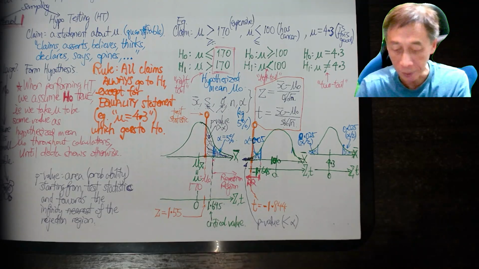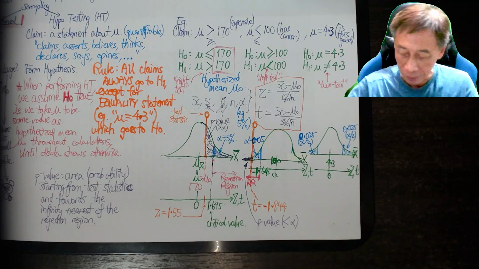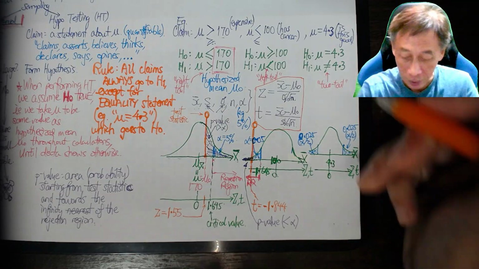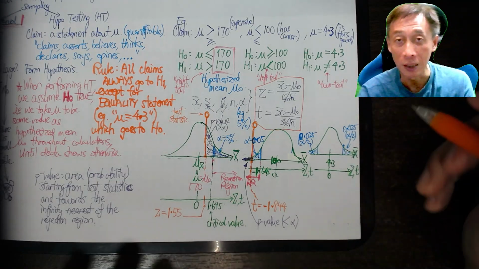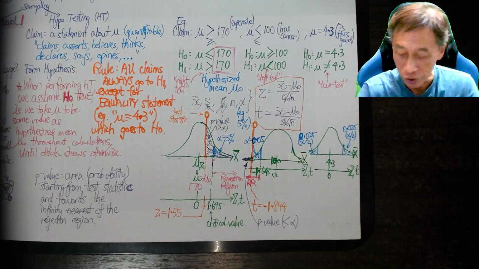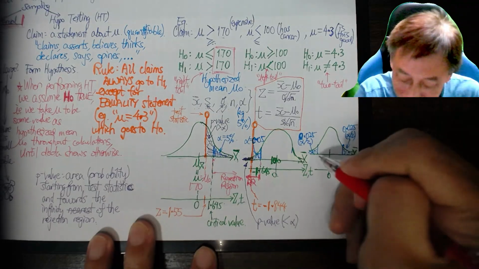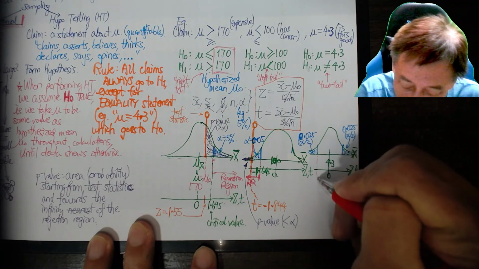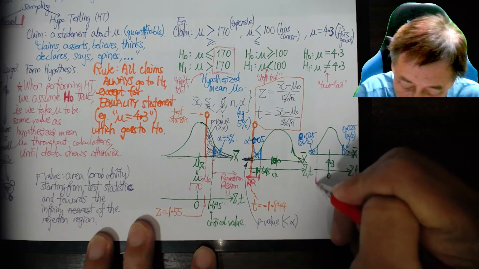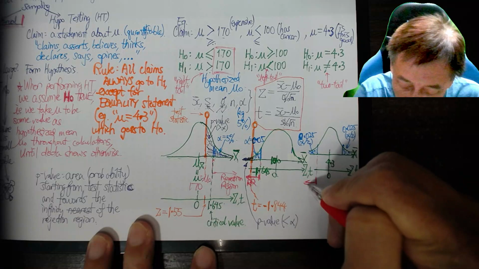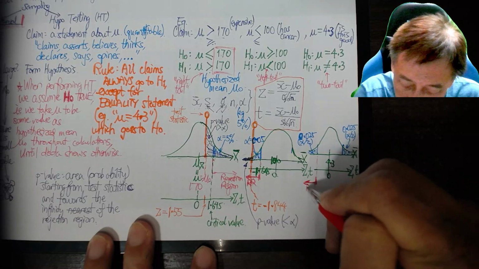No data yet. Then comes the data. Okay, now what happens? First of all, our rejection regions are still very important. Okay, so this is the rejection region, which consists of the union of two parts, right?